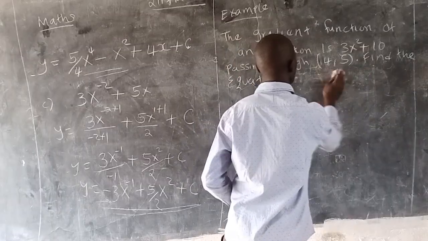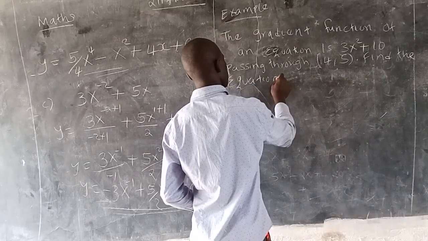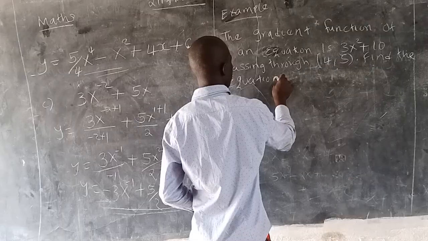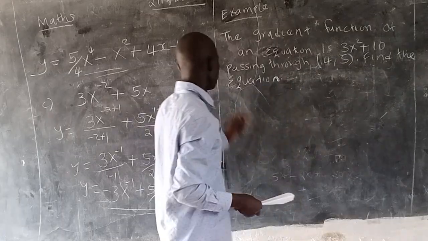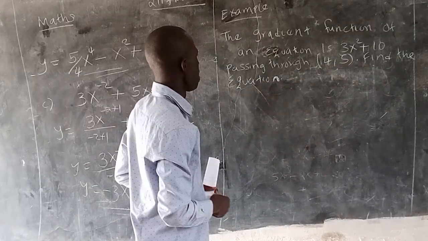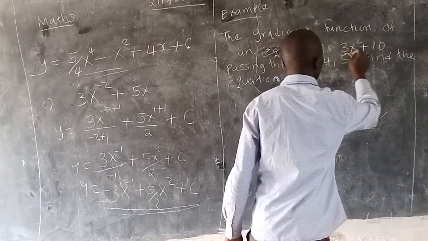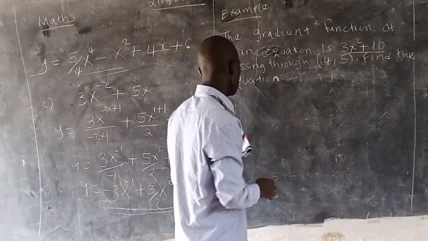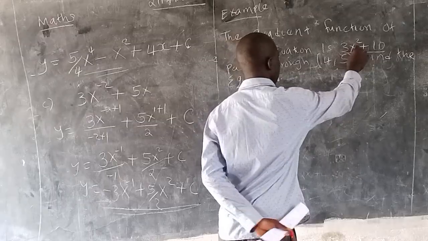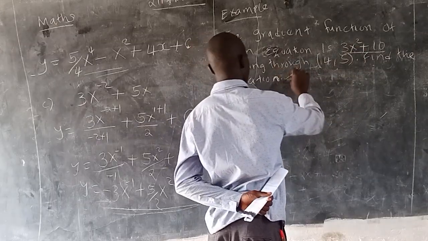When we talk about the normal, that is about finding a different equation. Now, if asked to find the equation, here is the gradient function. We say that when we integrate the gradient function, what we get is the curve.